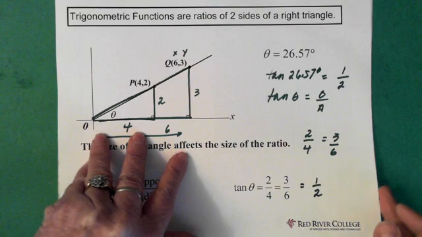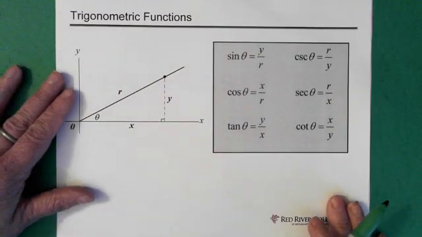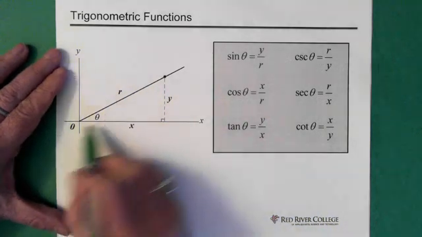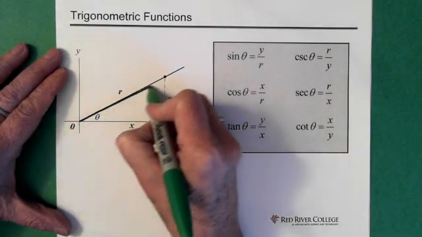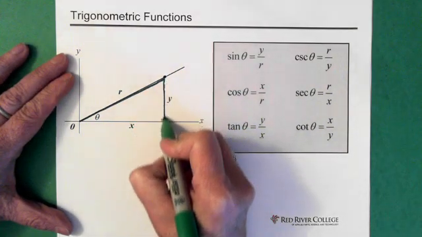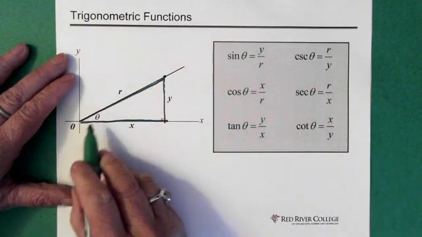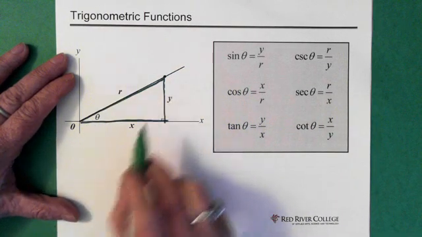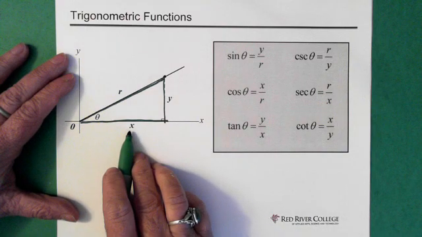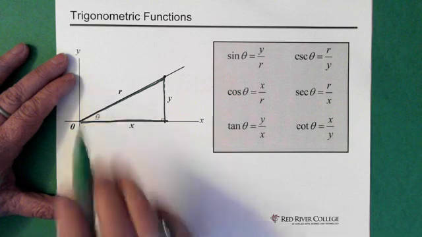Now, just a sum up here. Here again, we're talking about the x and y axis, and we have a right angle triangle here. There's our angle, y is our opposite, x is our adjacent side, and our r is our hypotenuse.